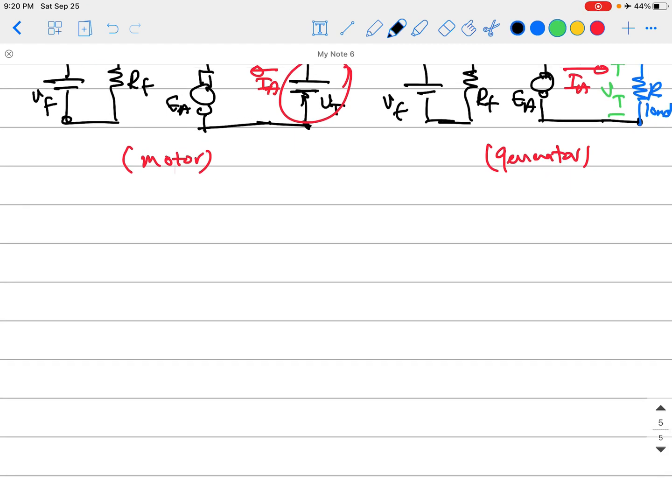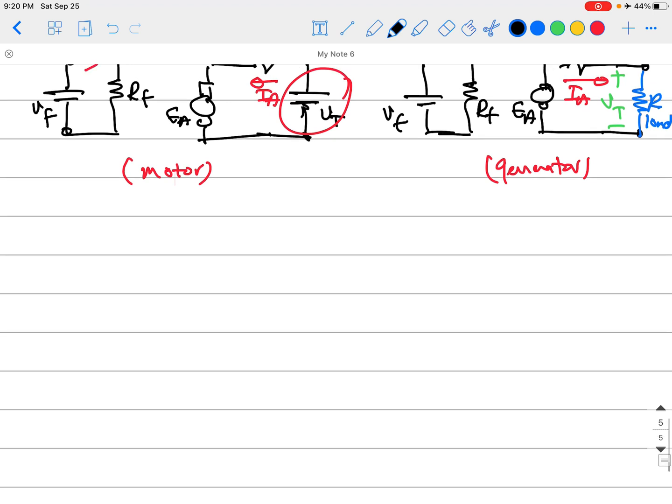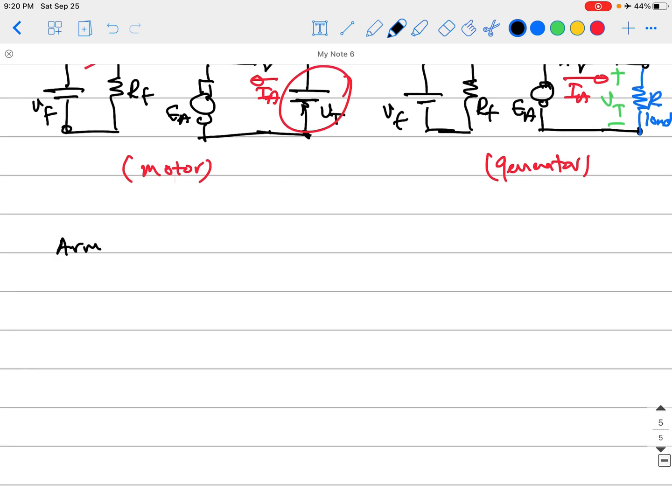If you need to model those, you'll have two equations. For the armature, V terminal equals EA plus IA RA. That is for motor mode.